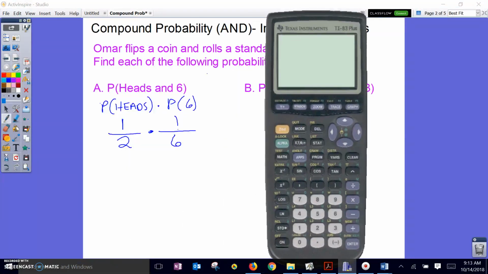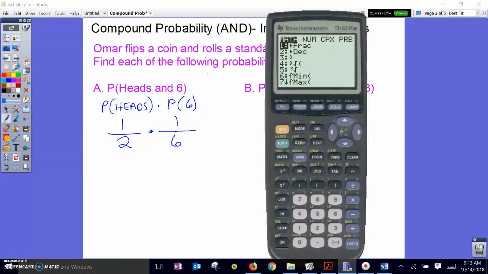And if you have trouble working with that kind of stuff, go ahead and use your calculator. We've got 1/2 times 1/6. And my calculator will give me the decimal.